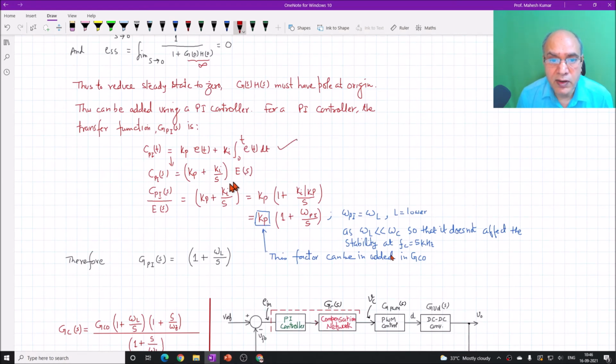In the s domain it becomes Kp + Ki/s, and the overall transfer function is Kp(1 + Ki/(Kp s)). So Ki/Kp is some constant, and we can call this constant omega_PI.